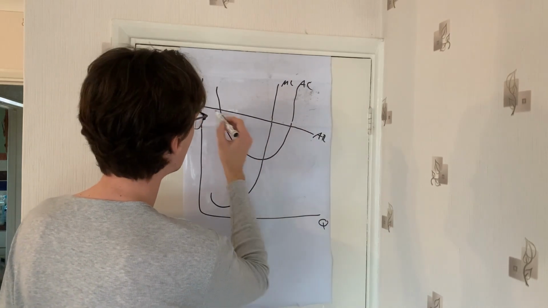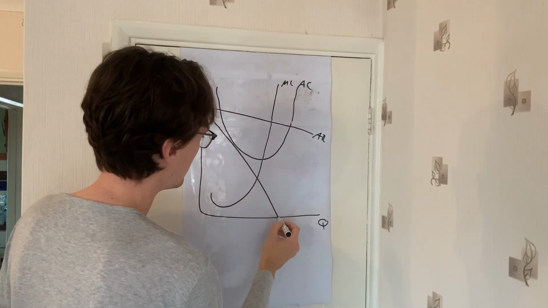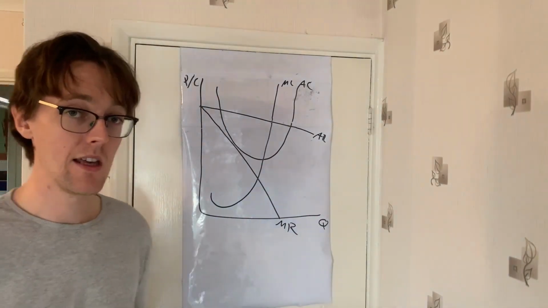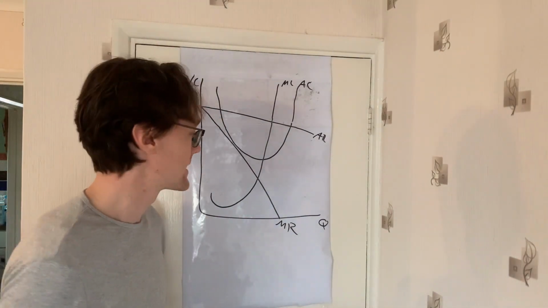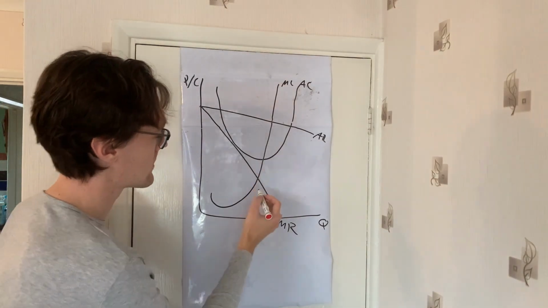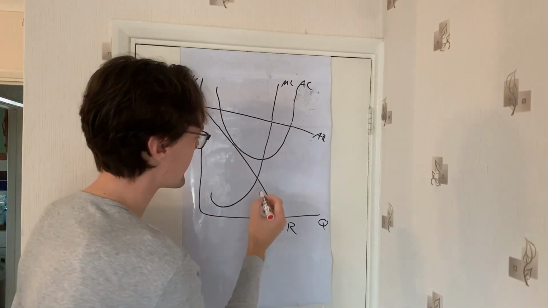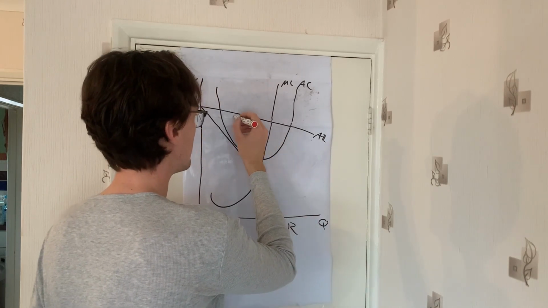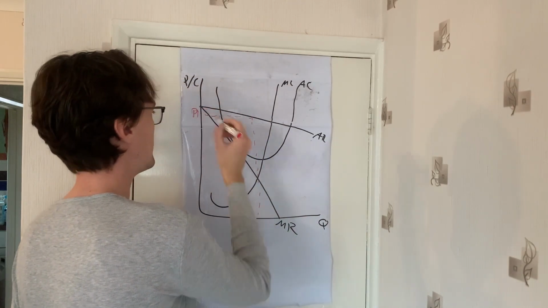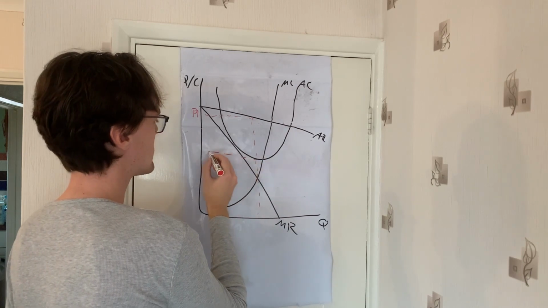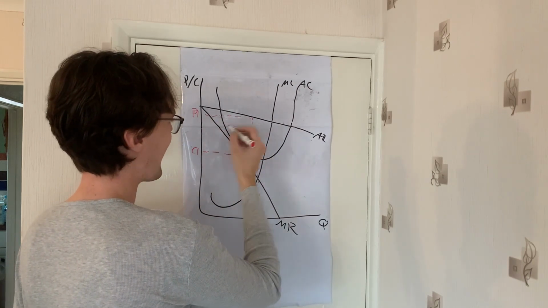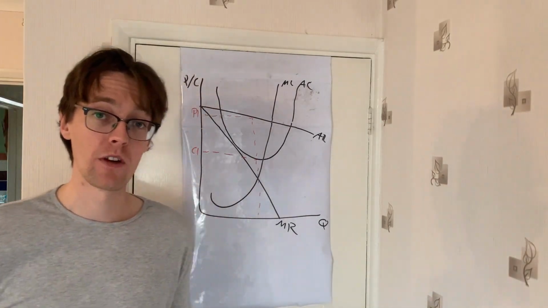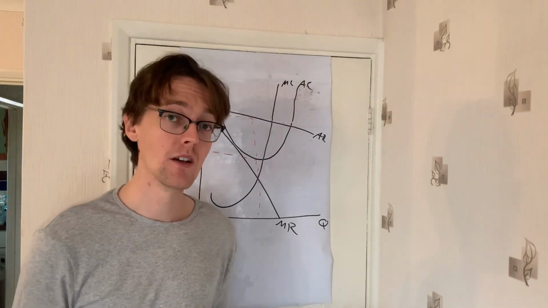AR, MR. Now, at our equilibrium point, remember, for profit maximization, that's going to be where MR crosses MC. So we follow this down, and this is what British businesses on the whole want to achieve. So I'd have a price of P1, and they would have costs of C1, which means this area in between, this box that we've created here, is their area of supernormal profit. And this is where they're profit maximizing, okay?